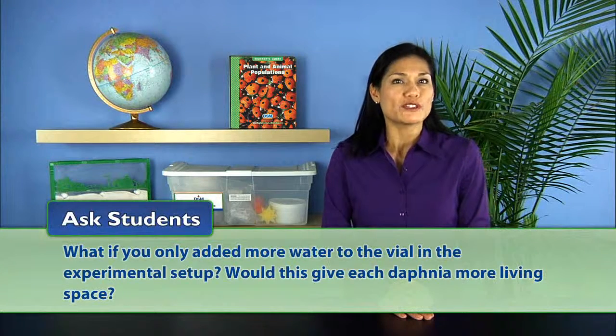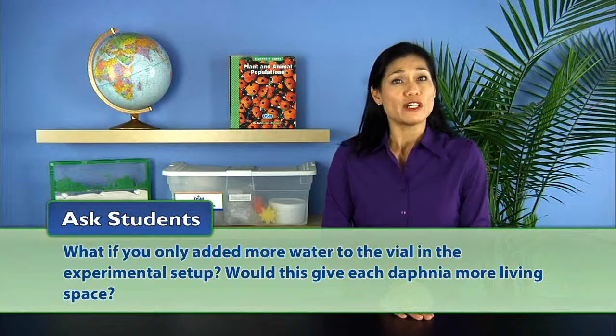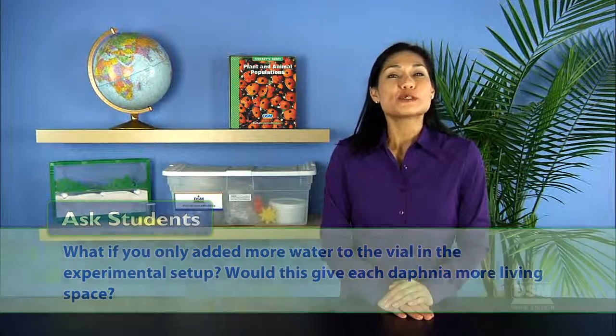Ask students, what if you only added more water to the vial in the experimental setup? Would this give each daphnia more living space? Students should realize that it would. Remind students again that only one variable should change in each experimental setup. Everything else should be kept the same as in the control.